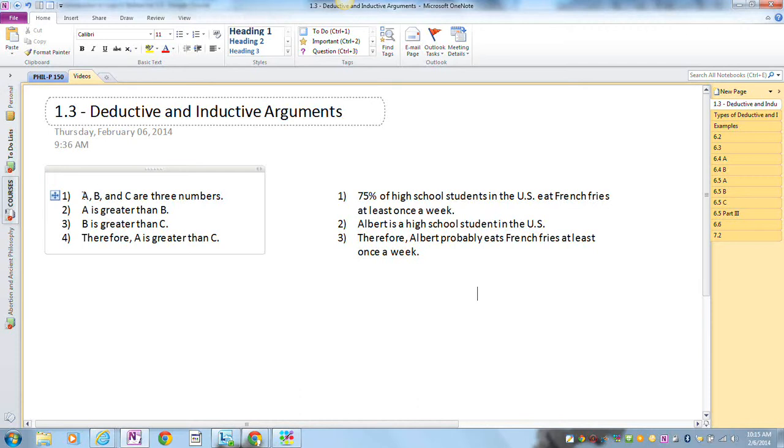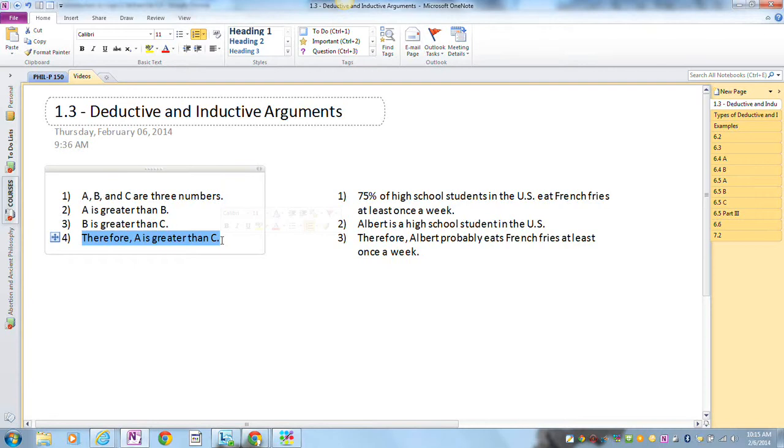So if you look at the argument here on the left-hand side, if you suppose that A, B, and C are three numbers, and A is greater than B, B is greater than C, it follows necessarily that A is greater than C. When you're putting forward that conclusion, you're not putting it forward in the spirit of saying that maybe, possibly, probably A is greater than C. Well, no, it follows necessarily from the premises that A is greater than C.